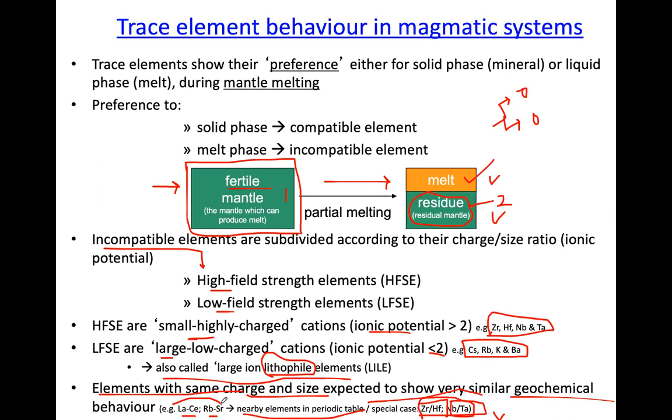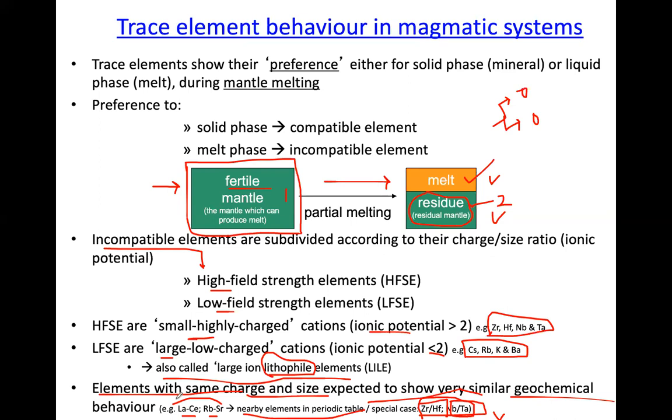That means a positive correlation or a negative correlation can be expected by selecting these two elements together. Otherwise, the behavior might be a little bit complicated, so that we might not be able to easily interpret such geochemical behaviors in some unknown samples, right? So that's why we have to select those closely aligned elements for presentation of some diagrams.